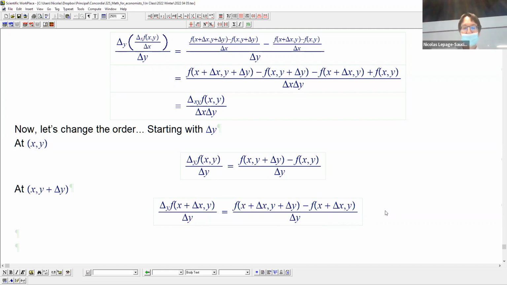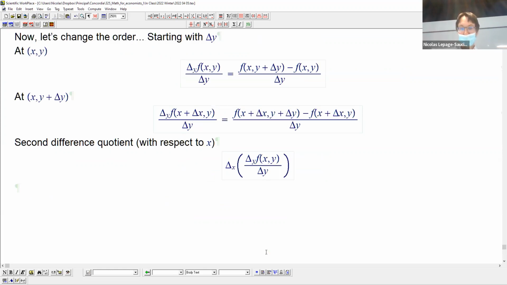And then now let's have the second difference quotient. And now I did it with delta x, so let's now do it with delta y. The change would be by changing x of this function there, divided by delta x.